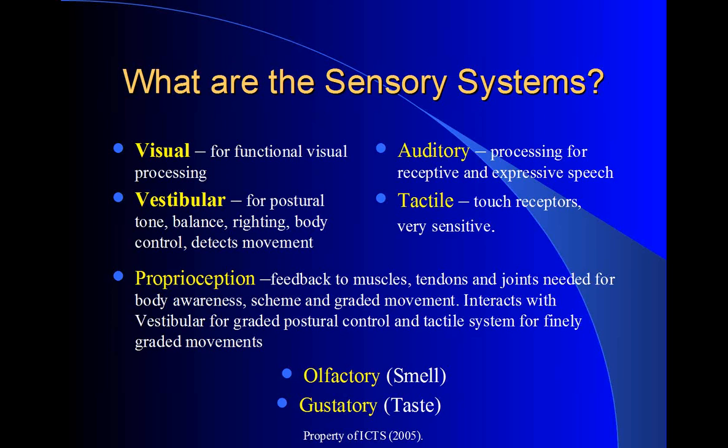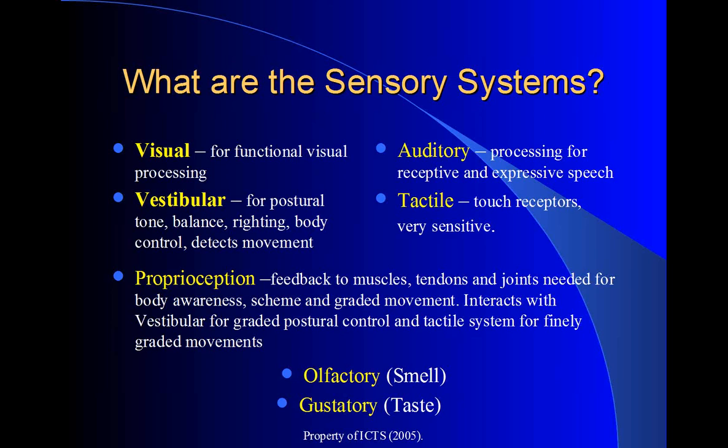Within that movement, it is responsible for postural tone, how you contract your stomach muscles, for balance. You've heard of vertigo, for equilibrium, righting reactions, those reactions that we need. If somebody trips you or you trip on a piece of furniture and you fall to the floor, your hands automatically go out in front of your body.